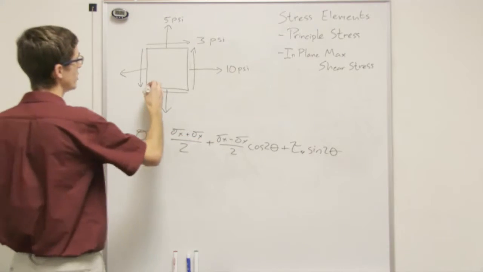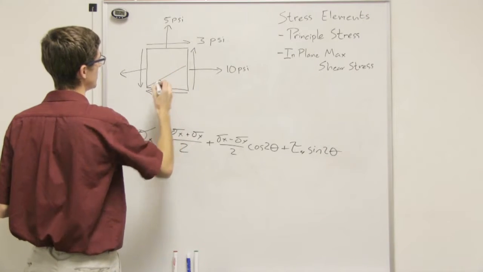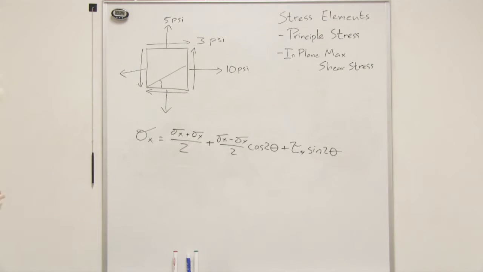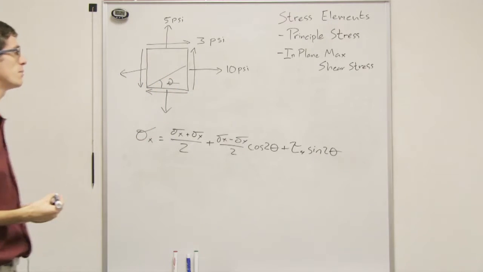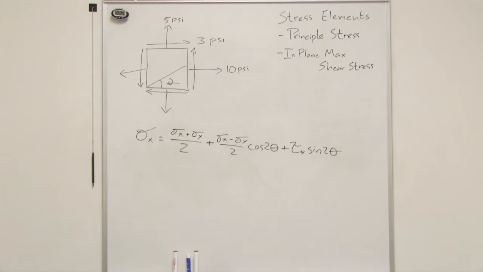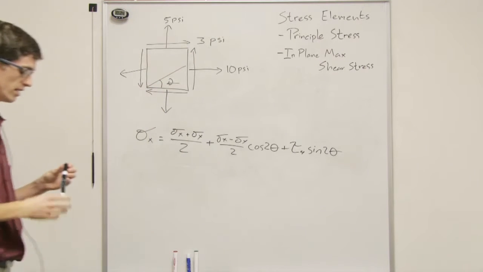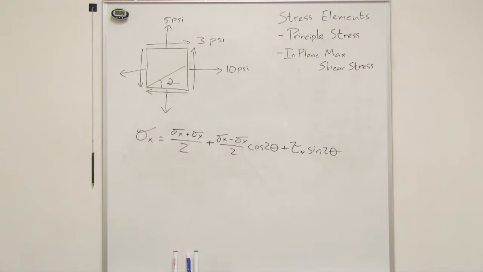So if you want to take this piece and rotate it so that the bottom is along that line, call this theta, we want to rotate it that much so we can find out what the x and y components are in this direction and this direction, so parallel and perpendicular to that line.